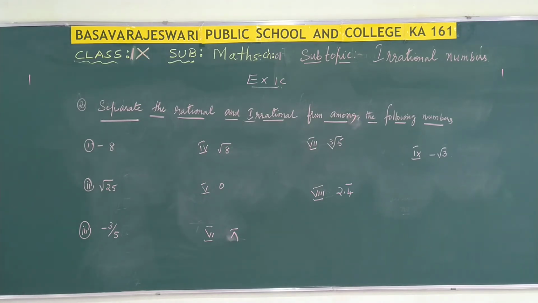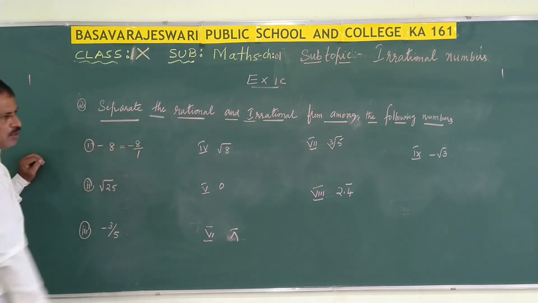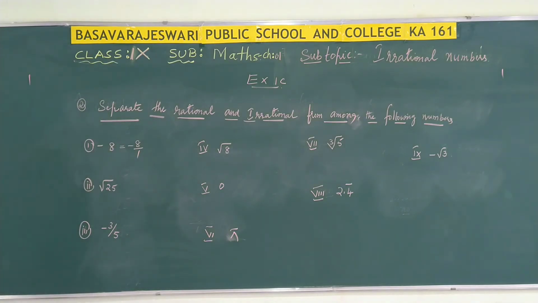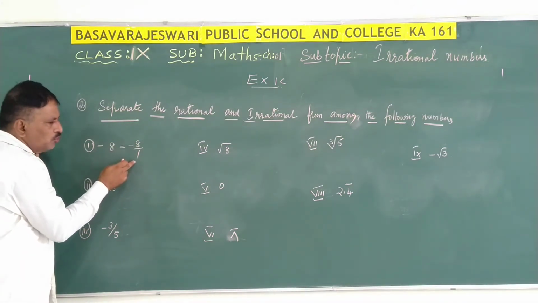Now we have to separate the following as rational and irrational numbers. See, -8. Minus 8 can be written as minus 8 by 1, which is in the form of P by Q. No doubt it is a negative rational number, in the form of P by Q where Q is not equal to 0.